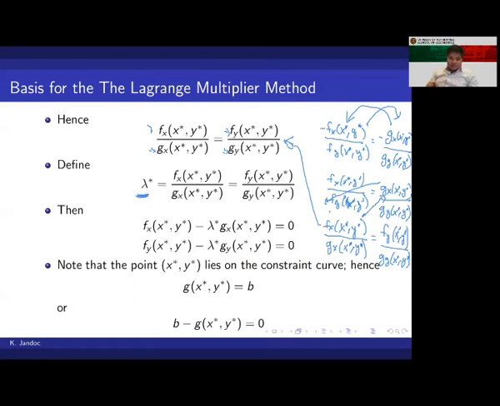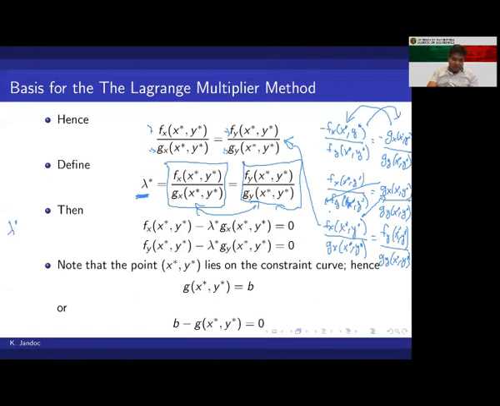So lambda star is just a number where you plug in x* and y* to the functions f_x and g_x. So this is equal to lambda star, a particular value, and this is also equal to lambda star, a particular value, because these expressions are equal. They're both equal to a certain number lambda star.